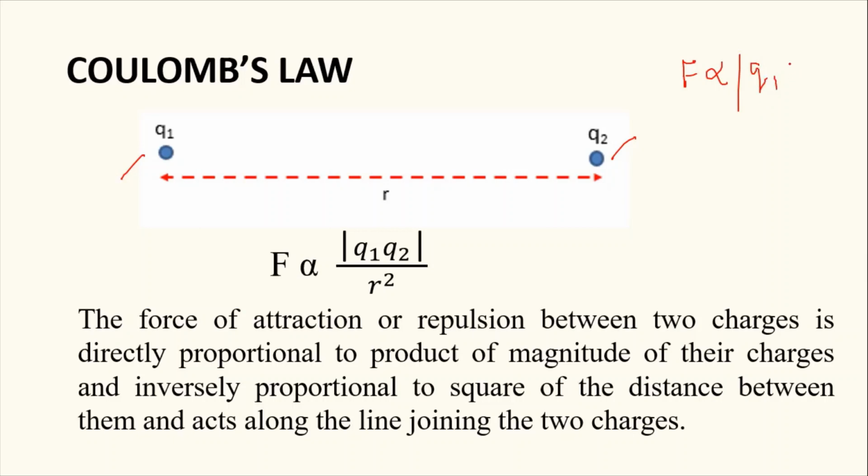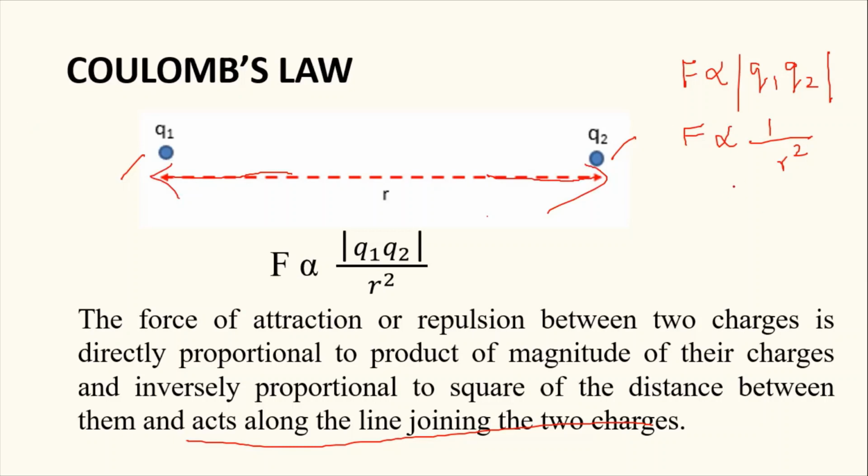The force is directly proportional to the magnitude of the charges and inversely proportional to the square of the distance between them, and it acts along the line joining the two charges. This is the line that joins the two charges.